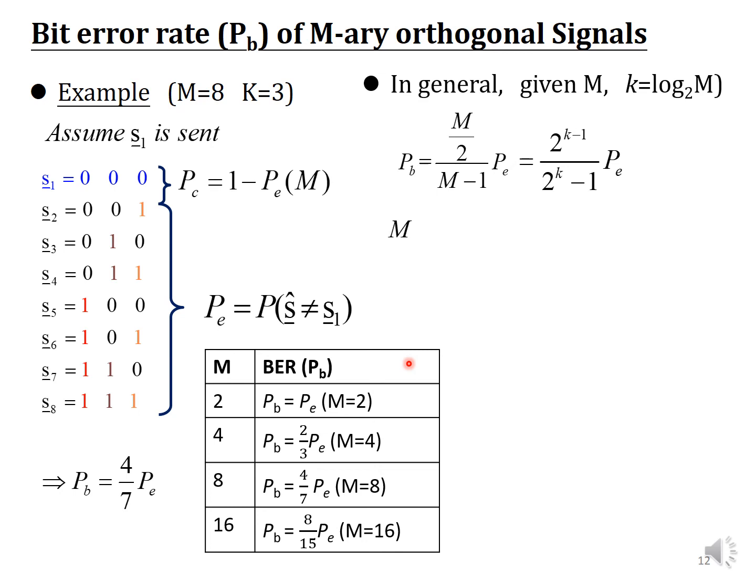Here we can see that as M, the modulation order, increases, what happens to this bit error probability? It would decrease, right? As M increases, this PB would actually decrease.